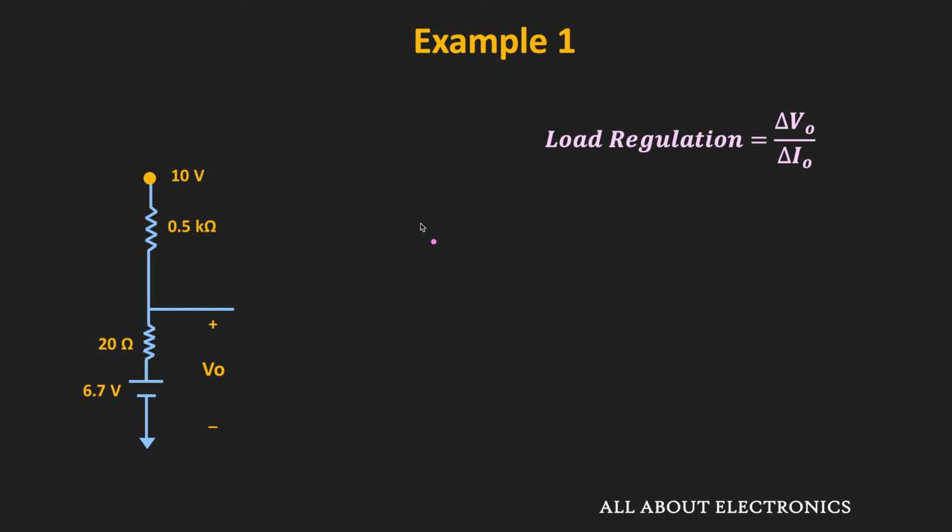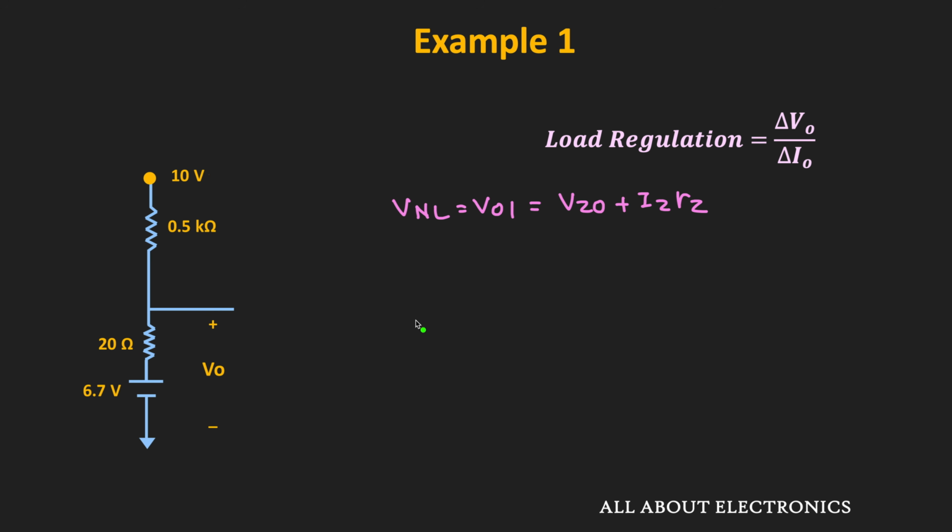In this condition, let's say the no load voltage is equal to VO1. And this VO1 can be given as Vz0 plus Iz times Rz. Here we already know the value of Vz0 as well as Rz, so the only thing we need to find is Iz.